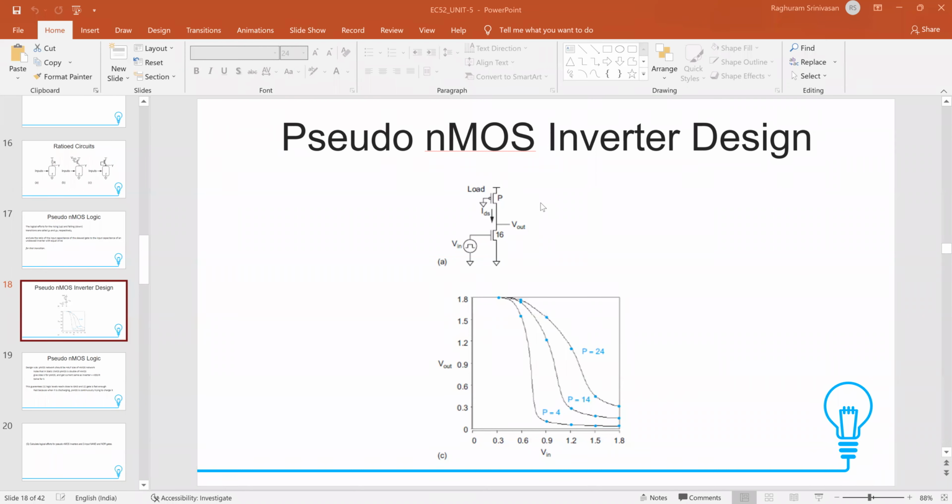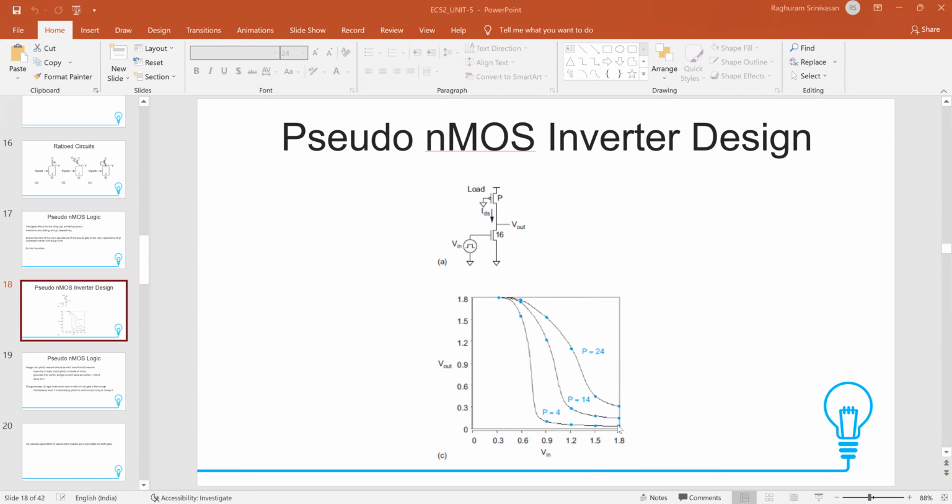So suppose you take 1.8 volts. Suppose this is 8R and this is 2R. Most of the 1.8 volts is going to fall across the 8R, and a very small value is going to fall across the 2R. That is how we can pull this Vout as close to ground as possible.